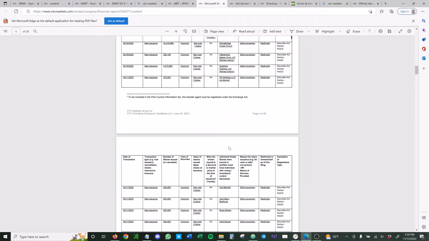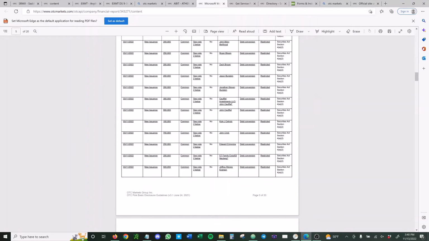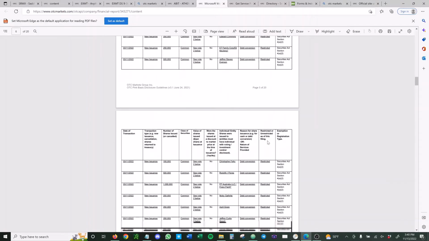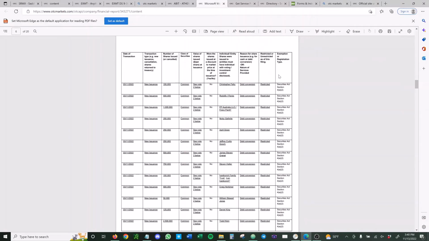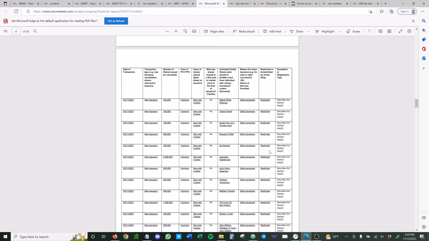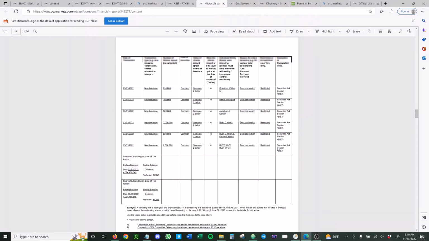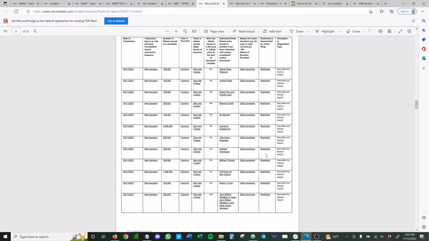But we can see here we have some shares that are restricted and they come off of debt conversion. That's pretty much everything here. And the exemption here is 4(a)(2). It's not the same thing as 144 at all, but all of these restricted shares have a similar way of getting the legend removed when it comes to wanting to take them from the transfer agent and deposit them to a broker.